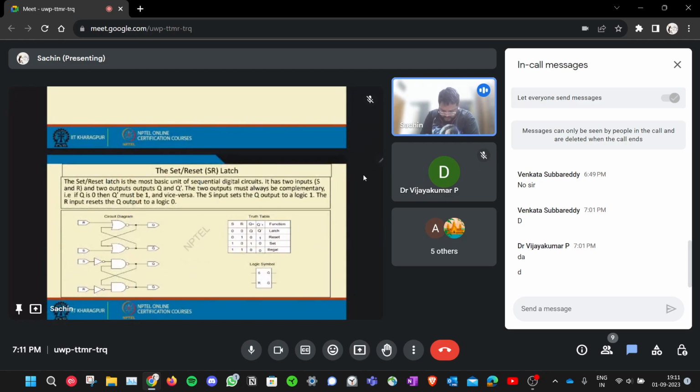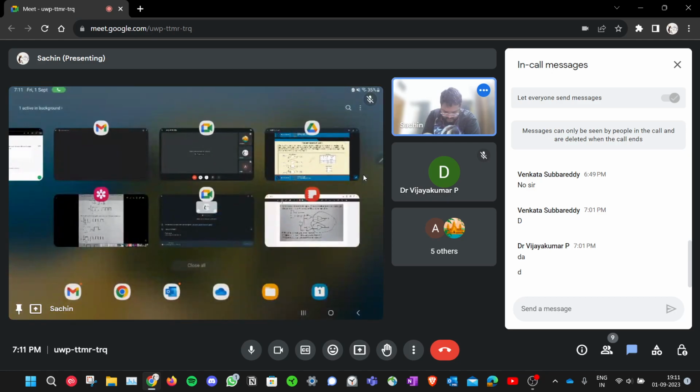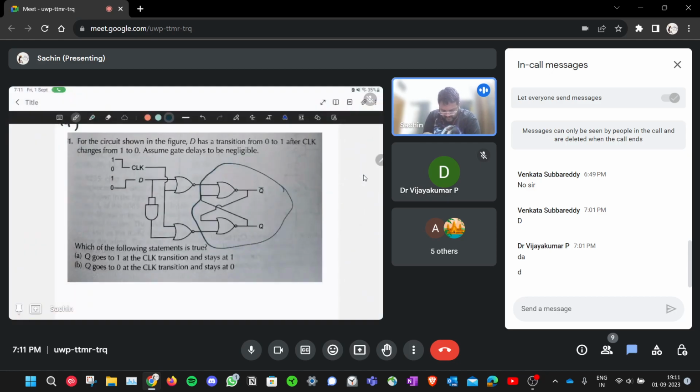Yeah, only that portion is an SR latch, and this is S and this is R.